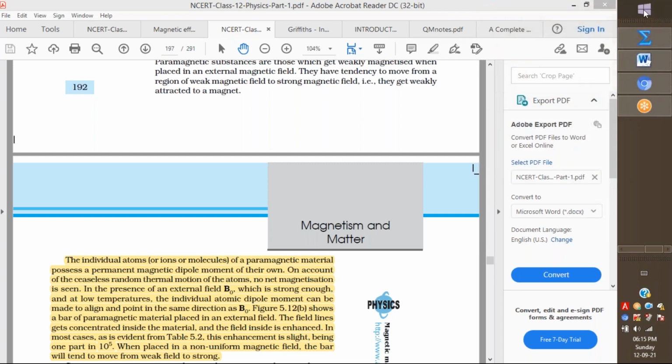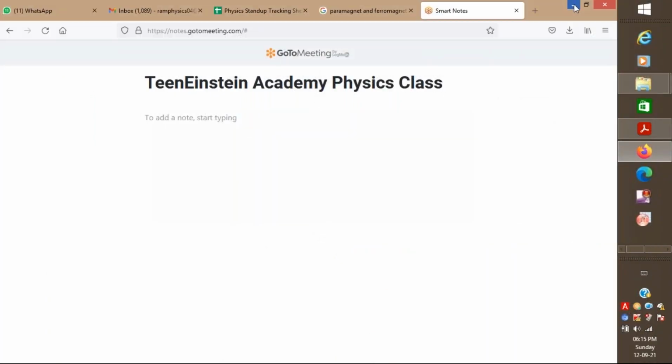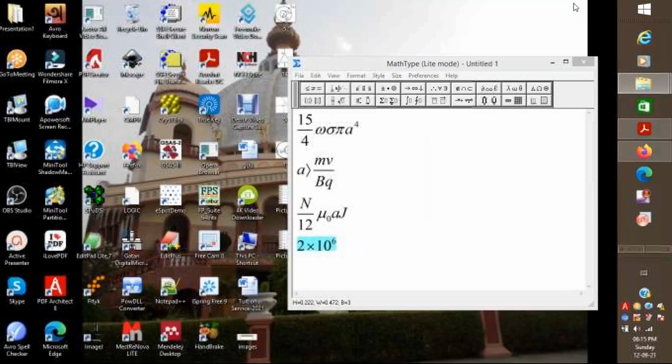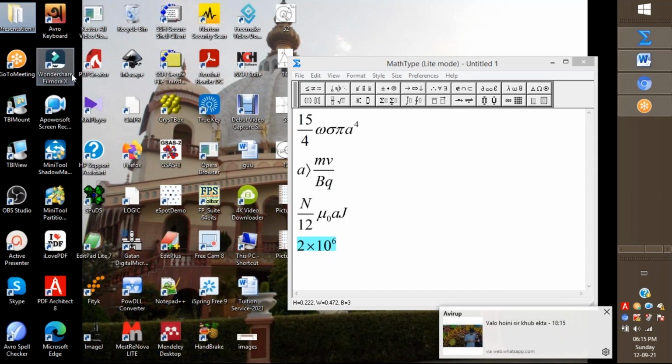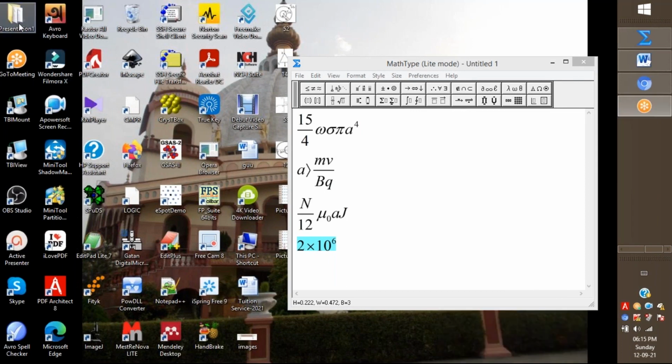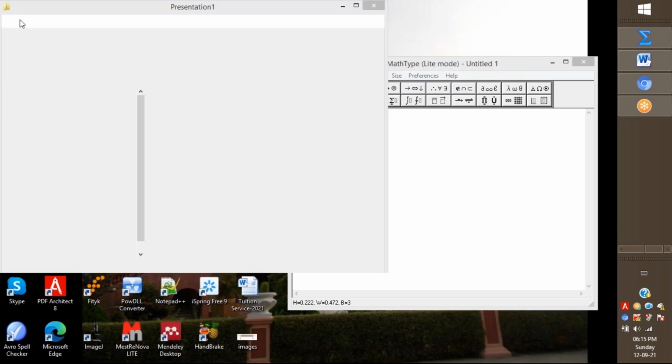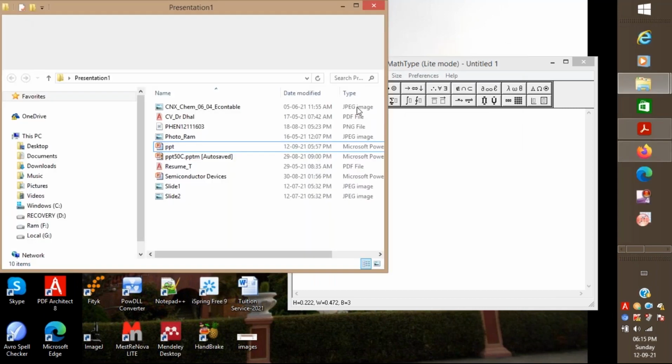Okay, you can see that. Okay, fine. Actually my screen is not shared yet.